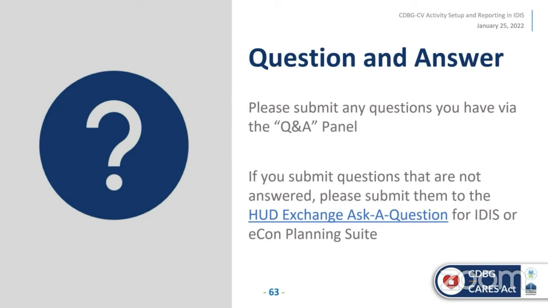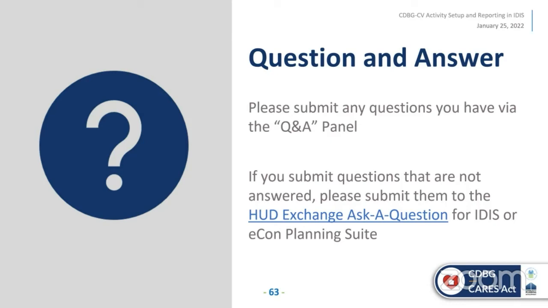Right. Here's a question that is actually commonly asked. They're mentioning that on line 19 detail they see that there's a non-admin activity listed on their PR26 report, and they don't understand why it's showing under admin. The key to this PR26 report, both for regular CDBG and CV, is the matrix code of the activity. So if the activity has a planning and admin matrix code, the draws from that activity will automatically be classified as planning and admin.